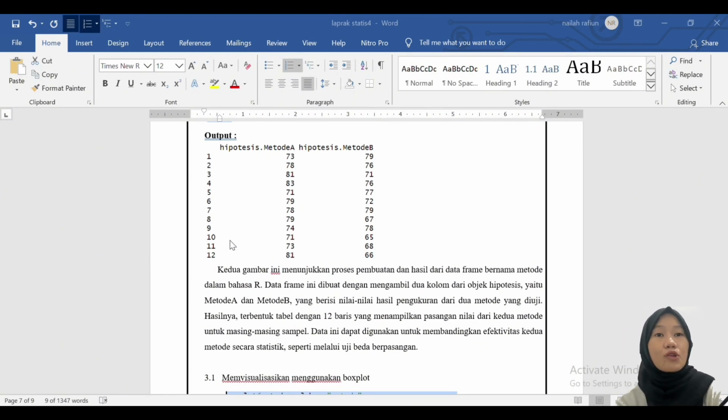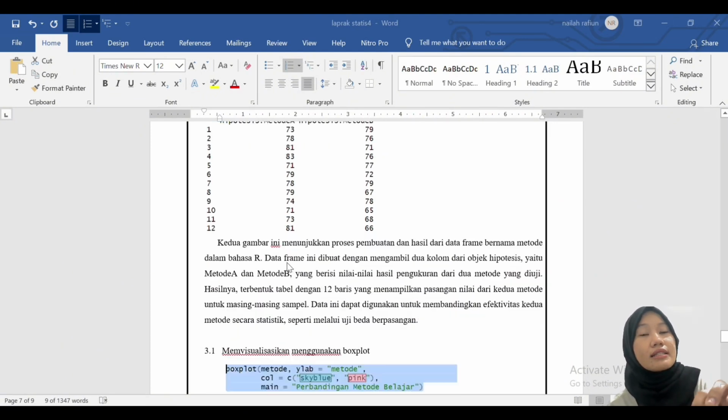This data frame is created by taking two columns from the hypothesis object, method A and method B, which contain the measure values of the two test methods. The result is a table with 12 rows displaying the pairs of values of the two methods for each sample. This data can be used to statistically compare the effectiveness of the two methods, such as through a paired t-test.